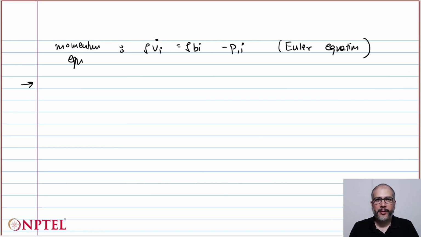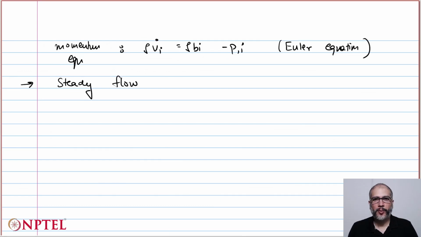Now another special case we come across very commonly is called the steady flow case. The word steady means that things do not change with time if you're looking at a quantity at a given position in space.